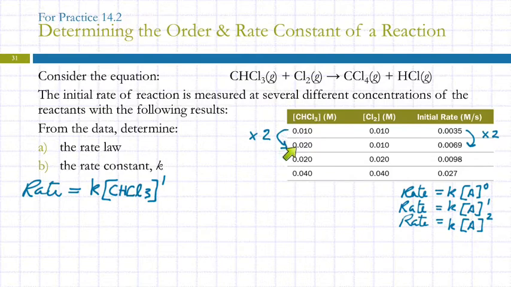Here we have an example where the concentration of the first one doesn't change between the second and third trial, and what's going on with the concentration of the chlorine? It's doubling, right? So that's times 2.